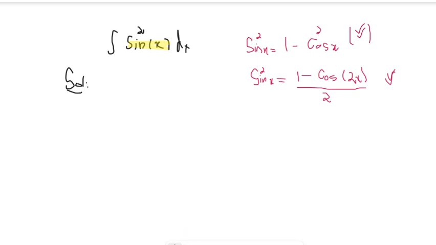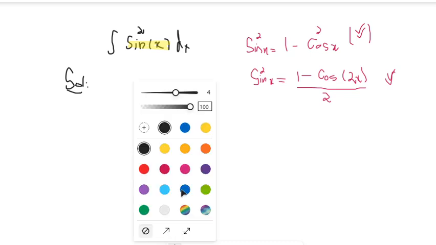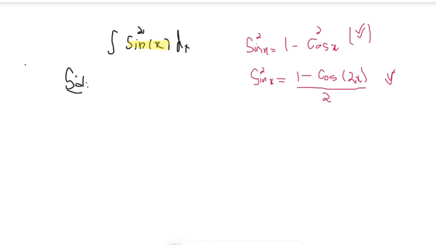Okay, so let me start the solution. Here you go. As I already told you, here sine square is alone, that is, there is no other sine term beside it. So we will just use this formula, that is 1 minus cos 2x over 2.